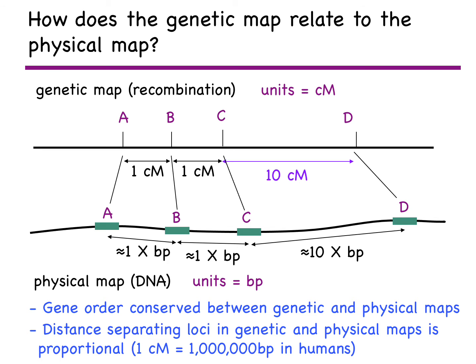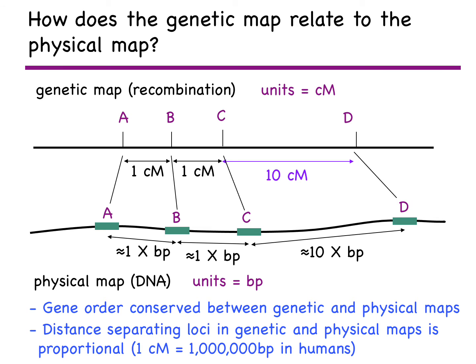One thing I will say about this proportionality: this is true in pretty much every organism, but the number of base pairs that corresponds to a given recombination unit varies tremendously in different organisms. For example, in humans, as I'm showing you on the slide, one centimorgan corresponds to about 1 million base pairs. So for every million base pairs, you see about 1% recombination in humans.